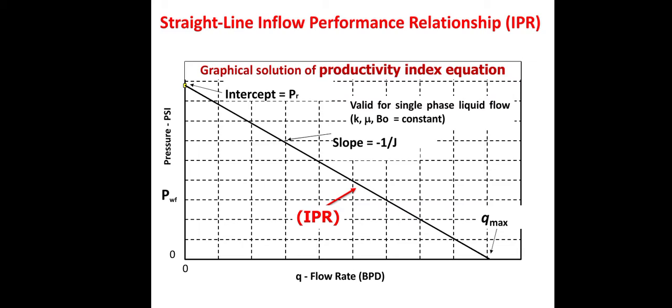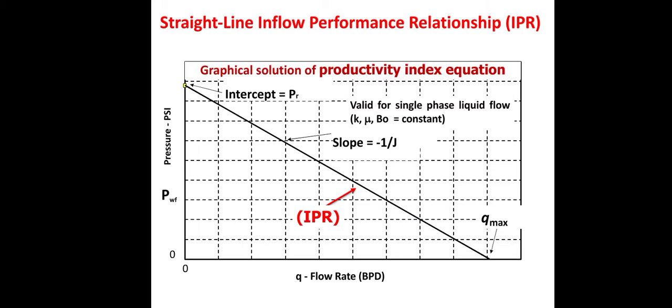You already know this graph. We have explained to you how to draw it and what is the meaning of each item you see here. As we said, the x-axis represents the flow rate, and on the y-axis we have the pressure.